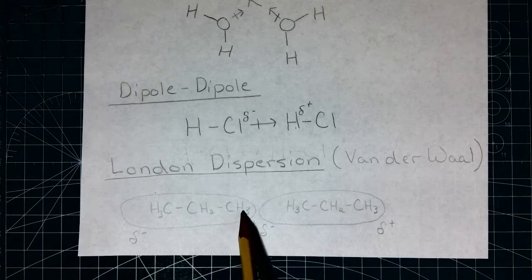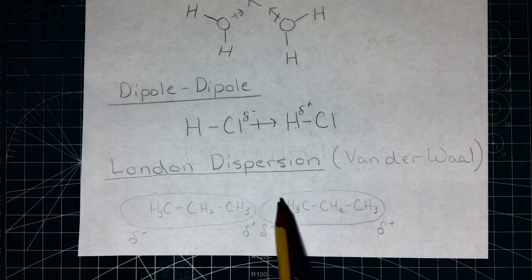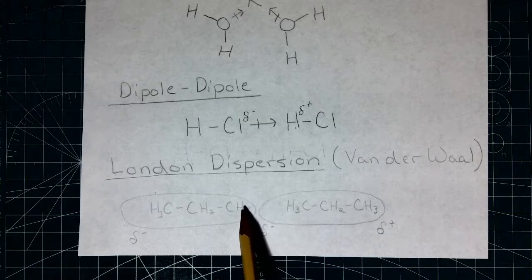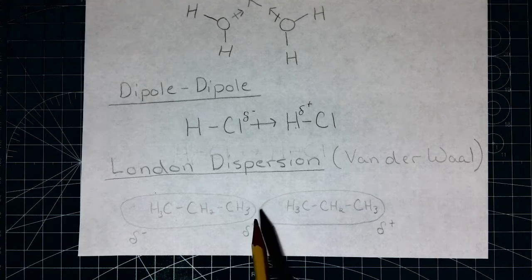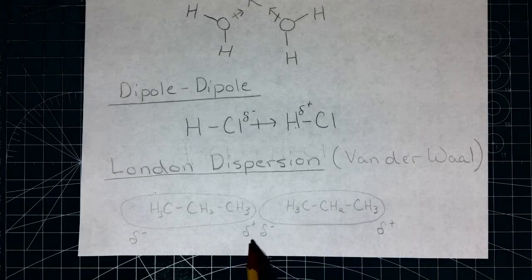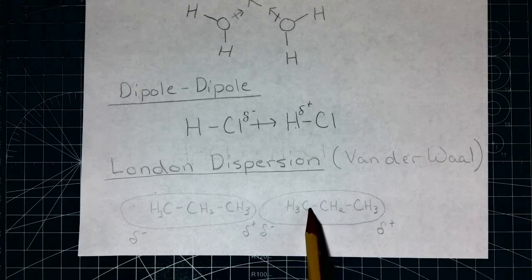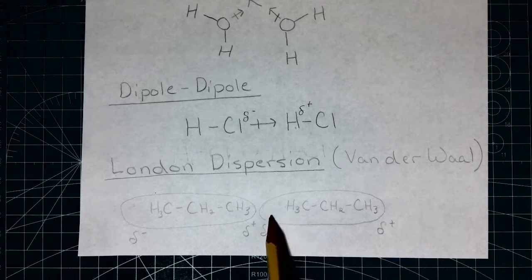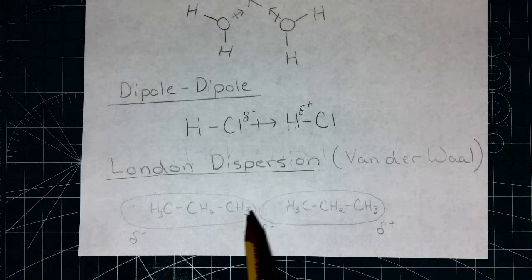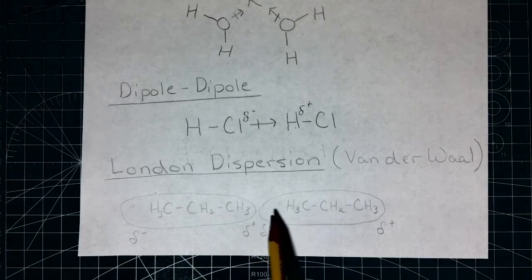So what's going to happen ultimately is the electrons in this one, if it gets close enough here, are going to repel them to the other side of the propane molecule, leading to a very slight partial positive charge on this end. And then the electrons here are going to be attracted to that, and they're going to create their own partial negative charge closer to this one, and we start to see interactions between the molecules.